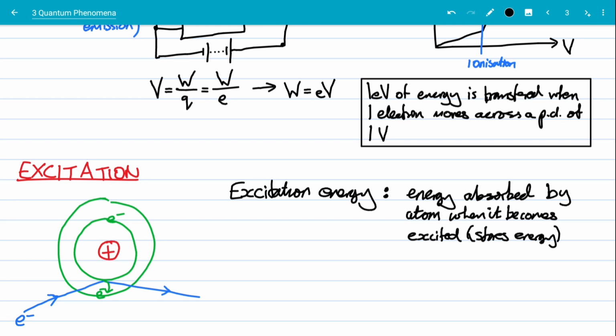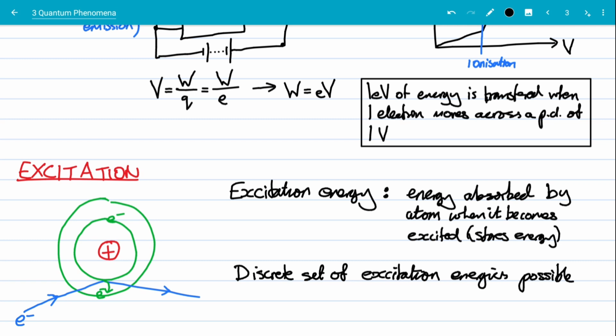Now, what makes this a quantum phenomenon is that there are only certain energies possible. There is a discrete set of excitation energies possible. And it's different for different elements, it's different for different compounds.